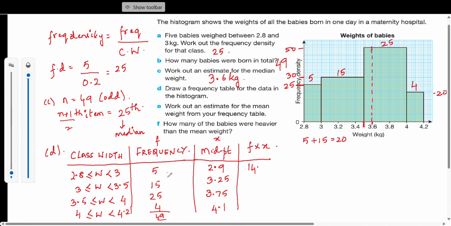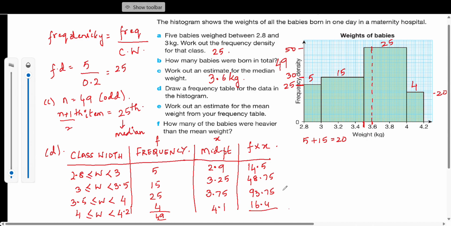So, this is 14.5. 15 into 3.25 gives me 48.75. 25 into 3.75, my bad. 25 into 3.75 gives me 93.75. 4 into 4.1 is 16.4.